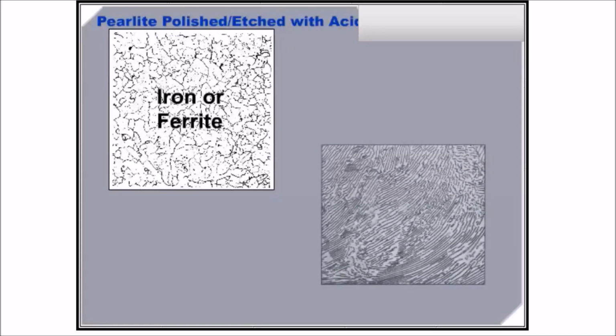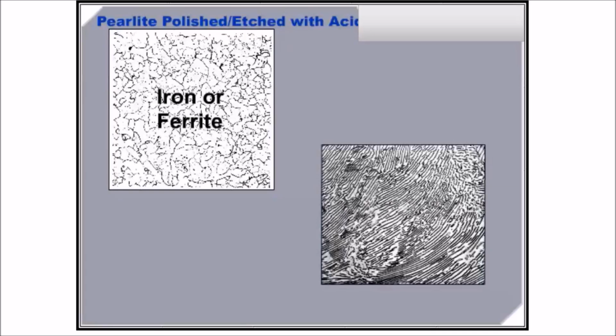The display on the bottom portion of your screen shows the typical appearance of pearlite when polished, etched with acid, and viewed under a high-power microscope, 1500 power. The light areas are ferrite, and the dark areas are cementite.